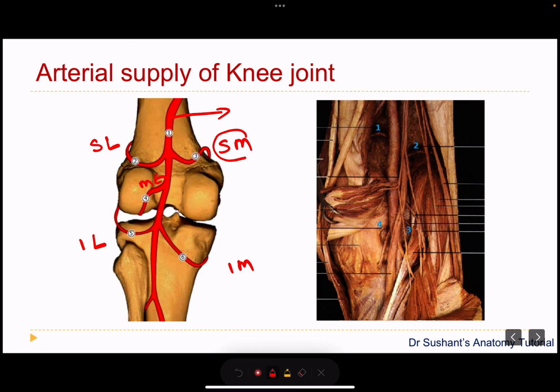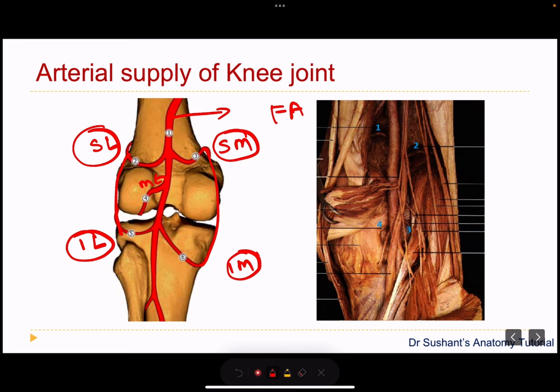So these genicular arteries anastomose with each other first of all, and then they anastomose with the neighboring arteries, which are branches of the femoral artery.